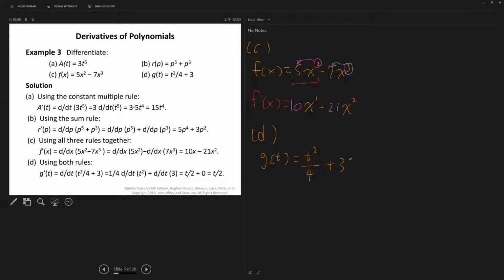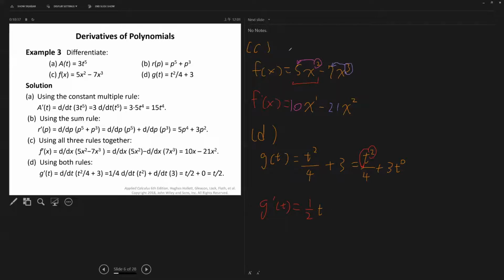Before we move on, I actually want to rewrite this as t squared over 4 plus 3 times t to the power of 0. Okay, so g prime of t, bring the power down. So 2 times 1 over 4 will give you 1/2. And then t to the power 2 minus 1 is 1, so we don't have to write it.